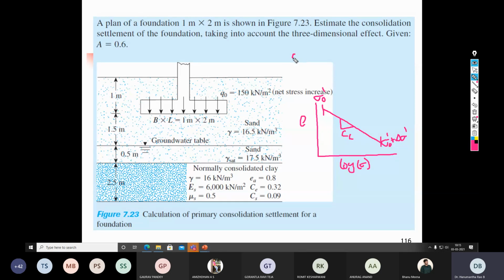So your equation is Sc one-dimensional equals Cc divided by 1 plus e naught into H into log of sigma naught dash plus delta sigma divided by sigma naught dash. This is the equation for calculating the consolidation settlement of normally consolidated clay.